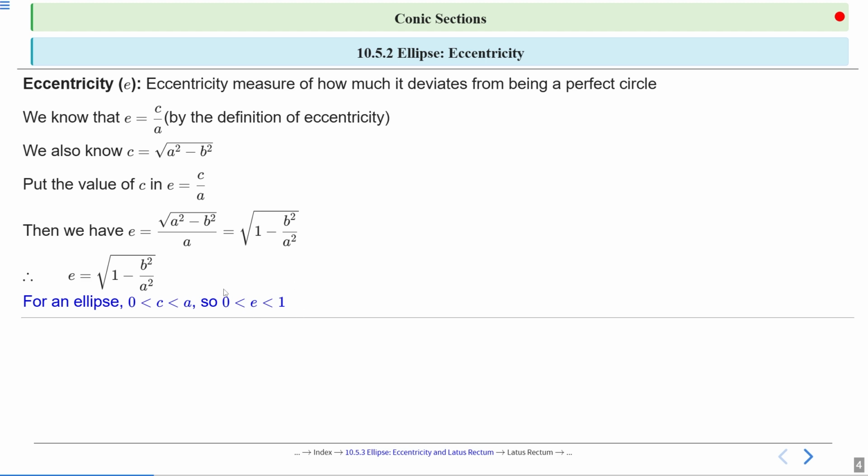We have seen that when eccentricity is 1 we obtain a parabola, when eccentricity is greater than 1 we get a hyperbola, and when 0 is less than e less than 1 we obtain an ellipse. So remember the formula e equal to square root of 1 minus b square upon a square, and e always lies between 0 and 1. I think it is clear to all of you.